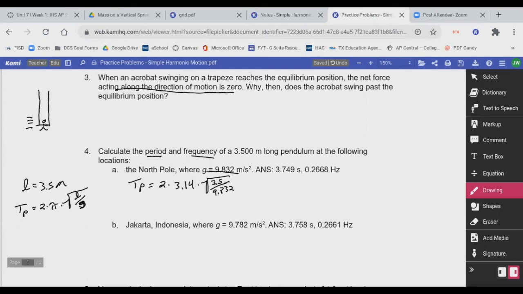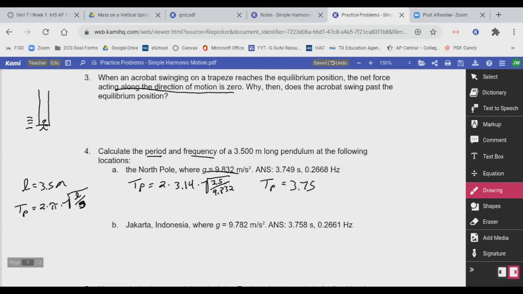I've got that division, so now I'm going to take the square root of that and then multiply that by 3.14 and then multiply that by 2. And what did I get? I got 3.7469, and so on. All right, so the period of my pendulum is equal to 3.7. I'm going to round it because I don't do more than 2 decimal places, 3.75.